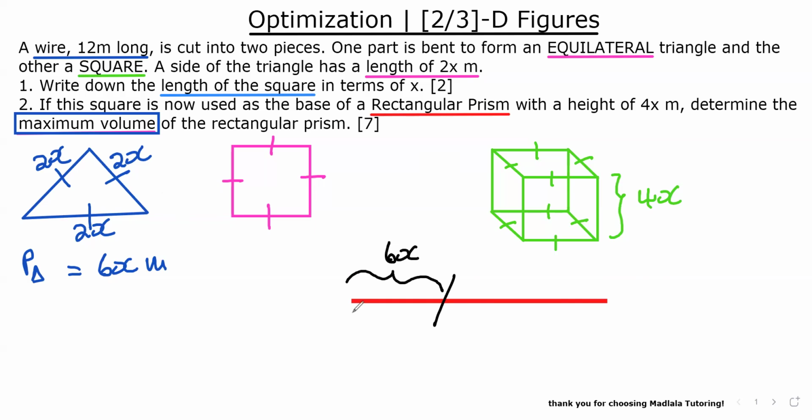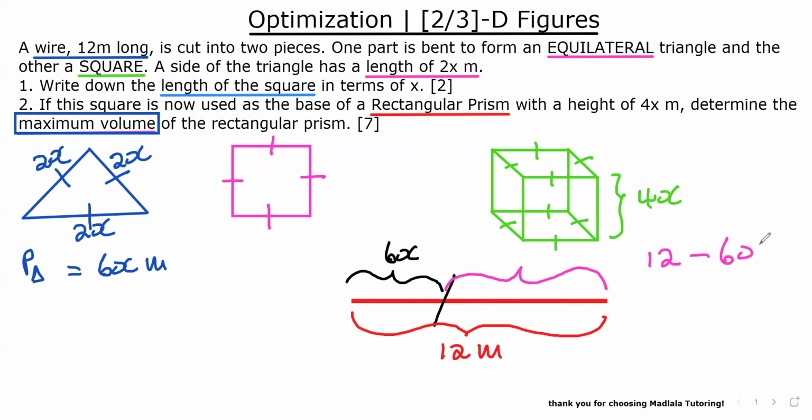But of course, we understand that the total length of the wire is just going to be 12 meters. So the question then is, how much is the length that is remaining in order to form a square? Well, you can see clearly that length is going to be 12 minus 6x.